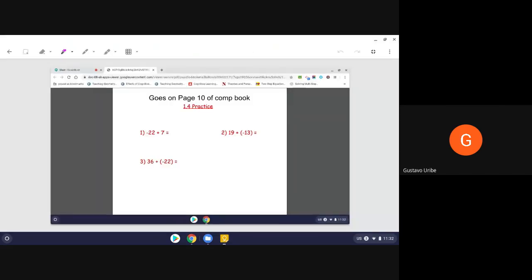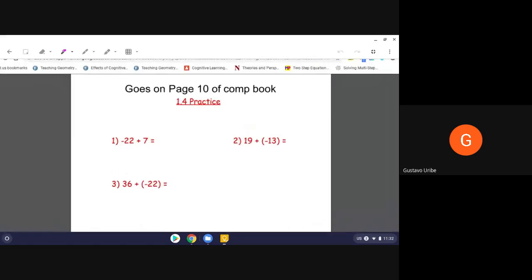Okay, so let's take a look at our number 1. I'm going to label each of these. This first is a negative, and this 7 is a positive. Because these are different signs, I'm going to subtract. And we're going to actually keep the sign of the bigger number.